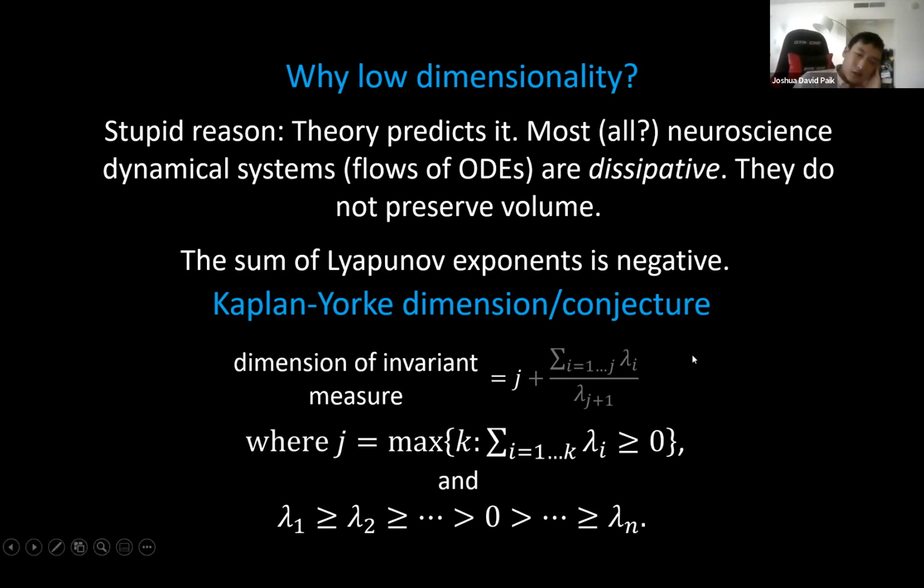But when you do numerical computation of Lyapunov exponents of, let's say, threshold linear networks, it tends to be that you have a lot of negative exponents, and this tends to be in line with it.